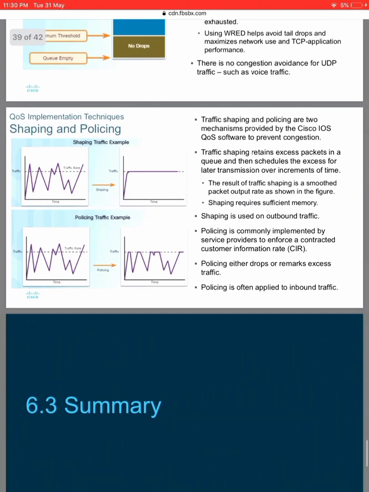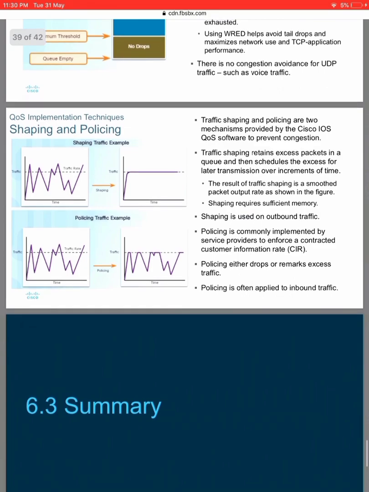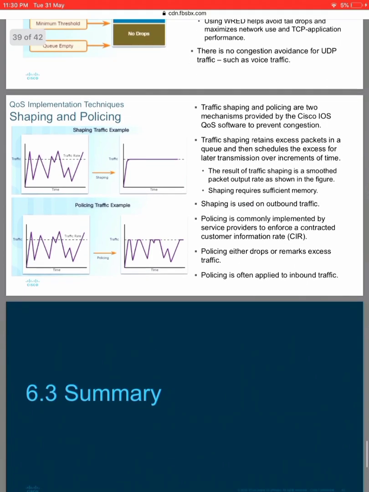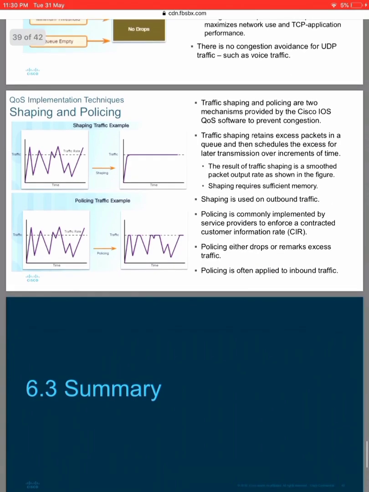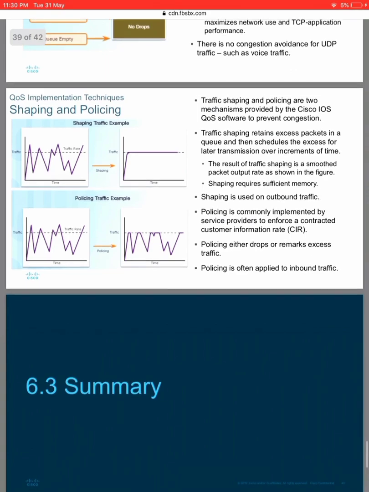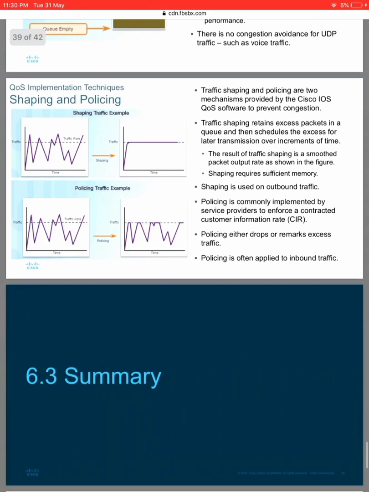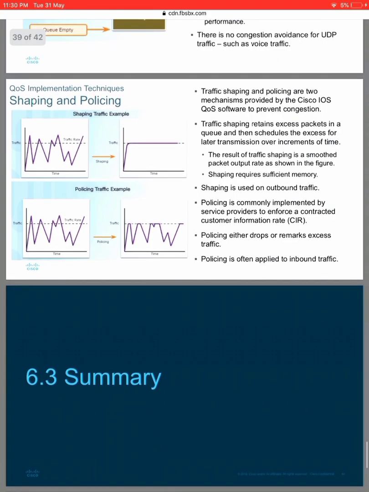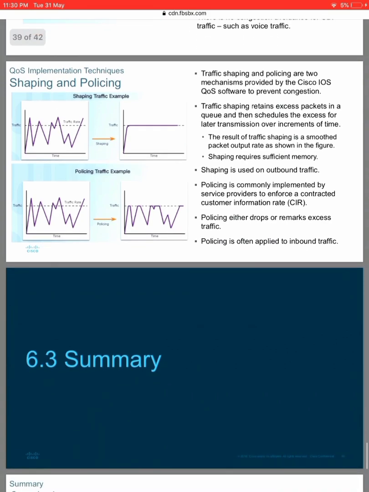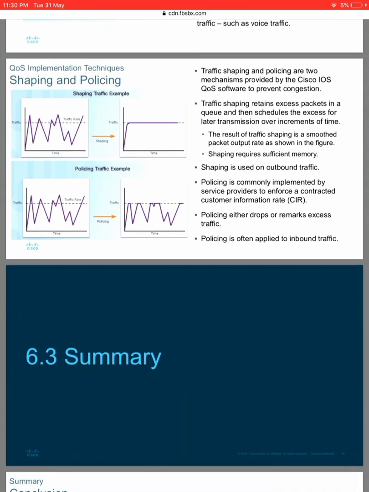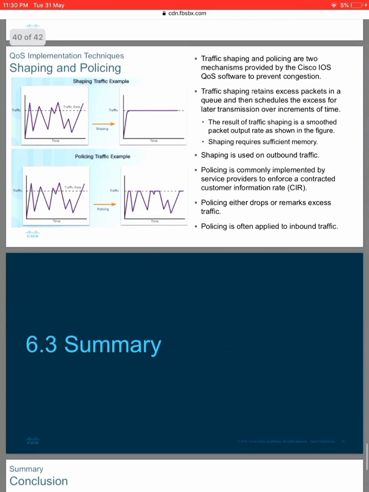Traffic shaping and policing are two mechanisms provided by the Cisco IOS QoS software to prevent congestion. Traffic shaping retains excess packets in a queue and then schedules them for later transmission over increments of time. The result of traffic shaping is a smooth packet output rate, as shown in the figure. Shaping requires sufficient memory. Shaping is used on outbound traffic.